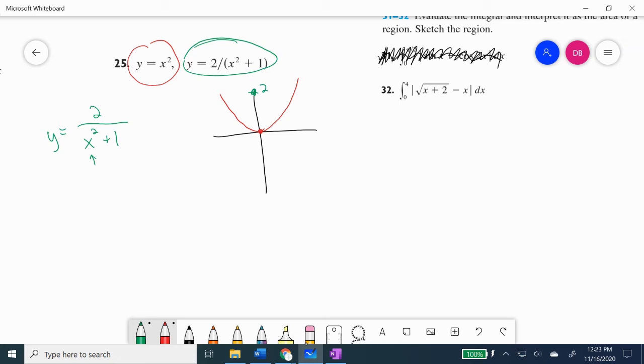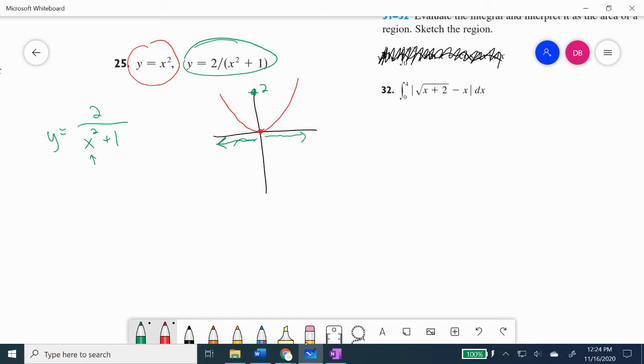Now, if you think about it, as x goes to the right or to the left, you're going to get the same answer out. You've got an even function, so it has y-axis symmetry. Also, as x grows from 0 to an absolute value that is larger and larger, that denominator is going to become bigger, and that will cause the fraction to become smaller and smaller, heading to 0.